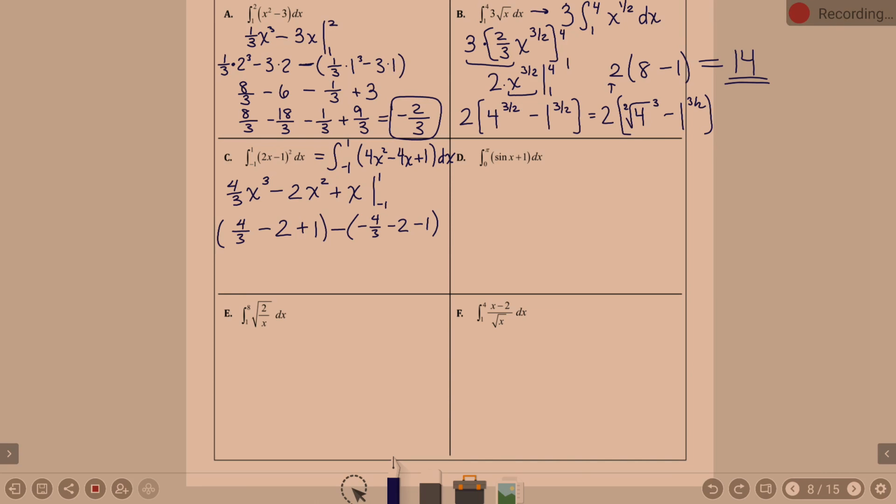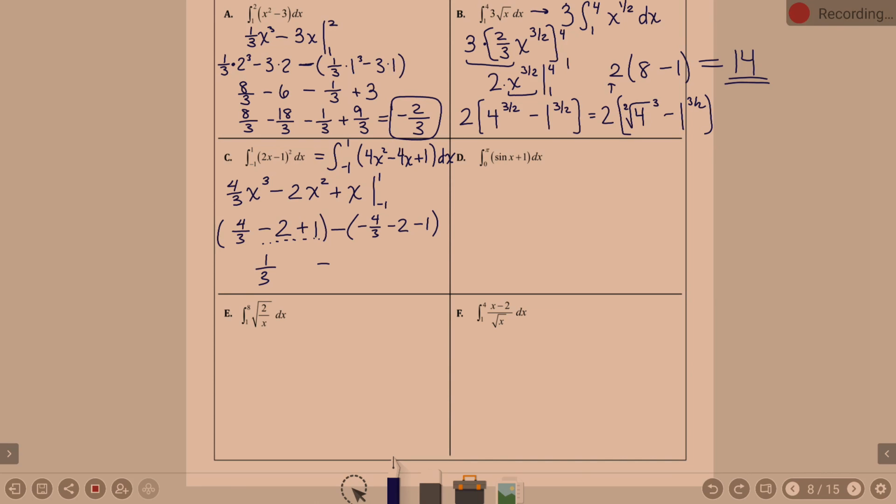This is a situation where you can do these individually if you want and then put them together. So like here, what's minus 2 plus 1? Negative 1. What's 4/3 minus 1? 1/3. So I'm claiming that whole first parenthesis is 1/3, minus negative 4/3.